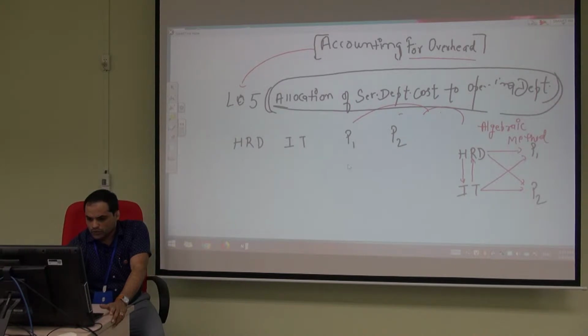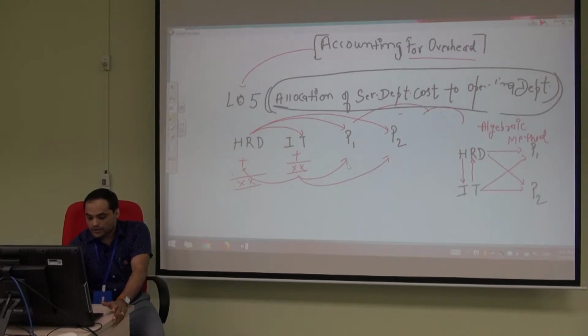So HRD will allocate a cost here, here, and here. It means the cost of the IT department will be increased, so you get a new cost here. Then you allocate here, here, and here. So the human resource department cost increases, and you get the other numbers.